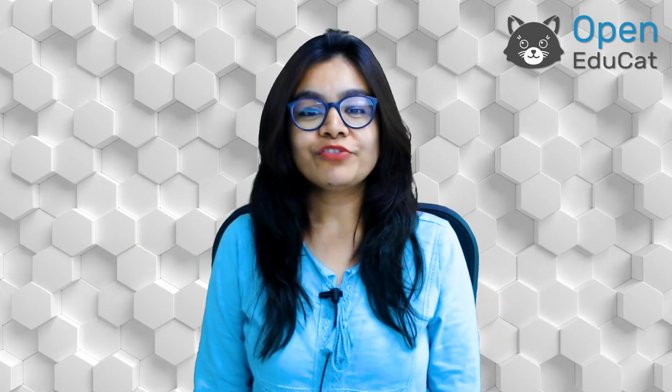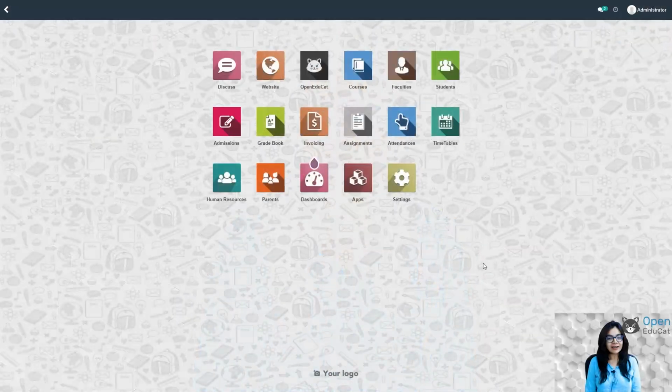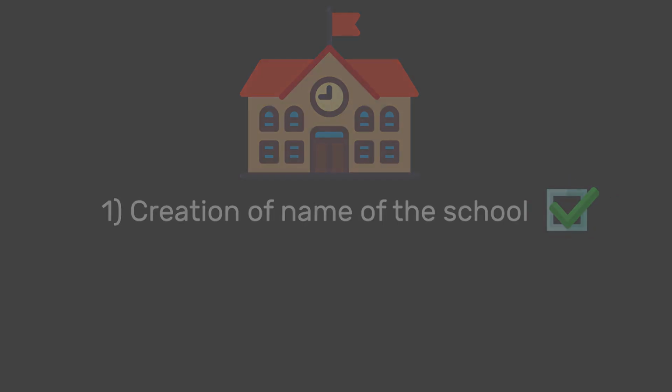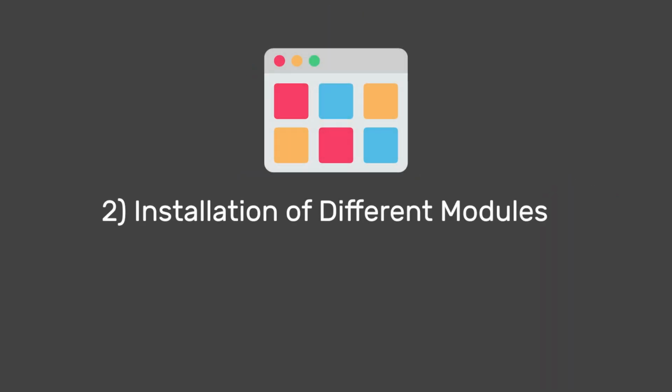After the installation of different modules, our start screen appears like this. Now our first step, creation of the name of that school, is cleared. Second, installation of different modules is cleared.